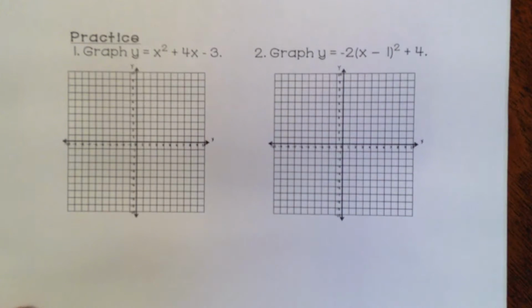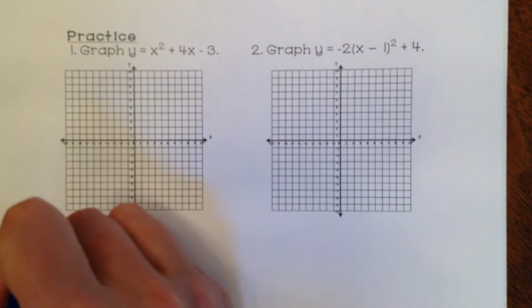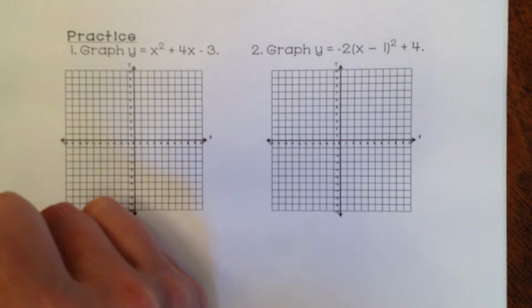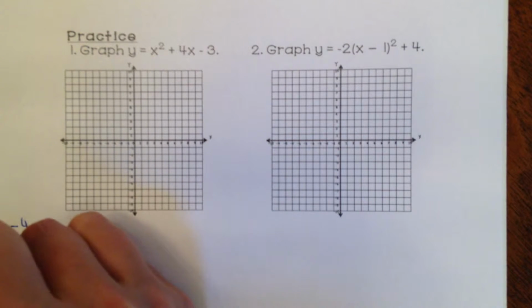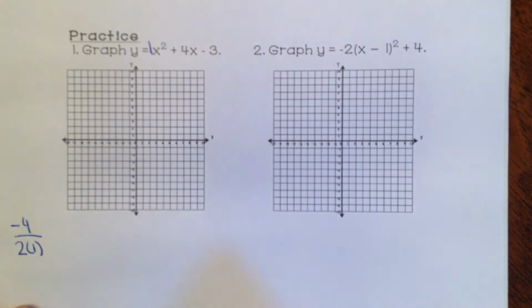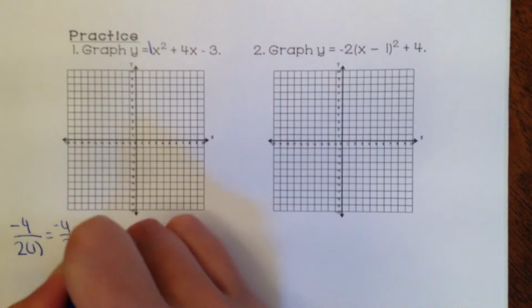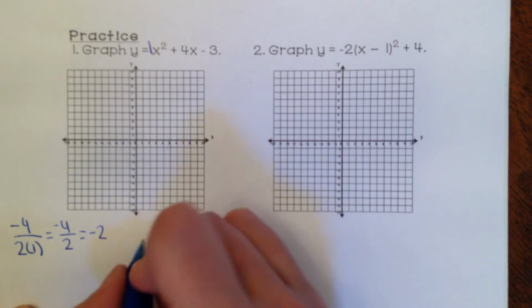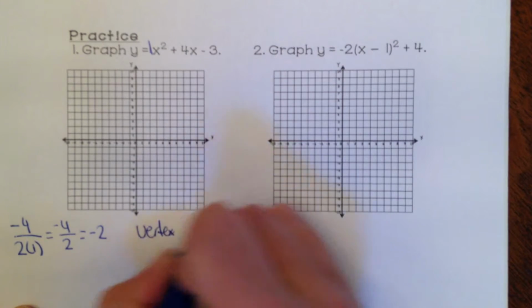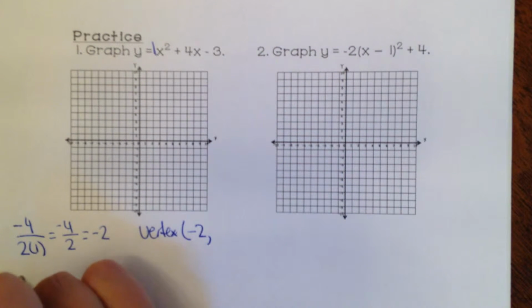Okay, so number 1, again, if we want to find the vertex, we have the x coordinate, negative b, which is 4, over 2 times a, which is 1. This reduces to negative 4 over 2, which is negative 2. So the vertex, I know the x coordinate is -2. I'm going to plug that back into the equation.